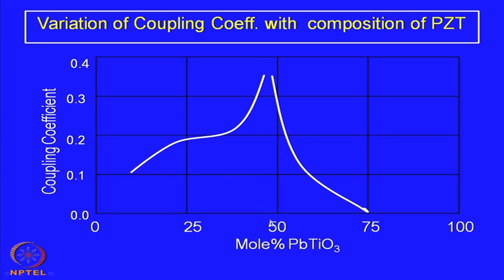In fact, not exactly 50-50, but about 48-52. That is the importance, because the coupling coefficient increases at the boundary composition, not in either the rhombohedral or tetragonal phase. So, it is at the boundary that we get the maximum coupling coefficient.